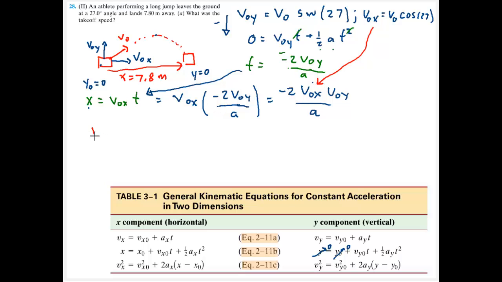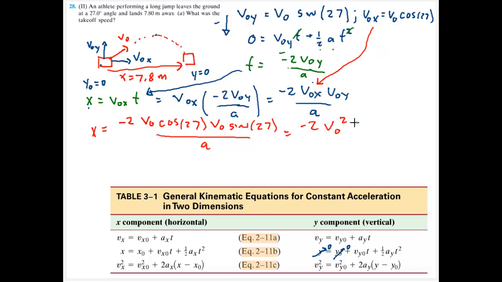And I'm going to say that my position is going to be negative 2. And here I'm going to have v naught cosine 27, and then I'm going to have v naught sine 27, divided everything by a. Now what I want to do is I'm going to have negative 2 v naught squared sine 27 cosine 27, divide everything by a. So I'm going to solve this guy for v naught.